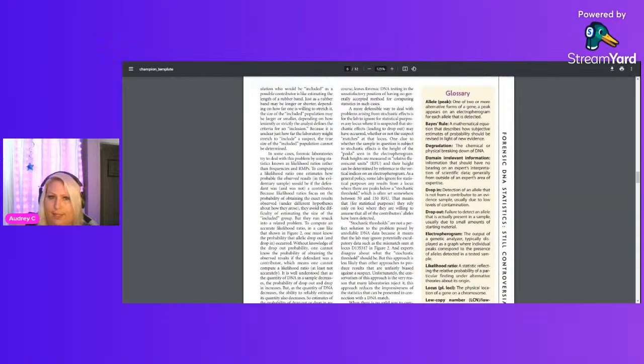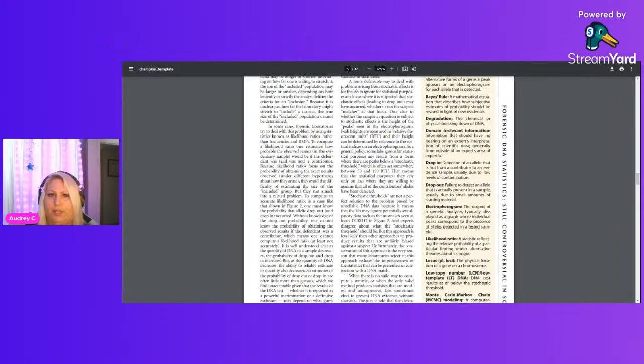In some cases, forensic laboratories try to deal with this problem by using statistics known as likelihood ratios rather than frequencies and random match probabilities. To compute a likelihood ratio, one estimates how probable the observed results in the evidentiary sample would be if the defendant was and was not a contributor.